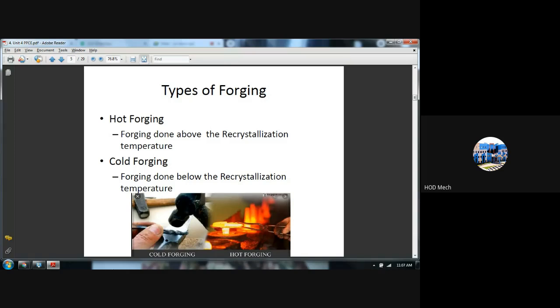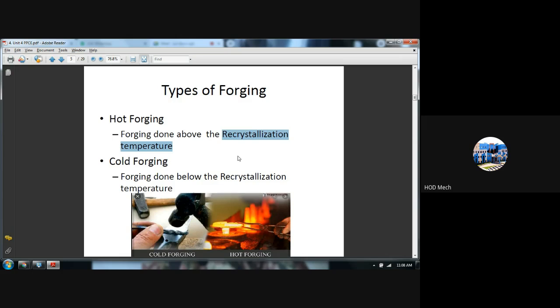What parameter? It is called recrystallization temperature. So students, please remember that your answer should have this particular term, recrystallization temperature.